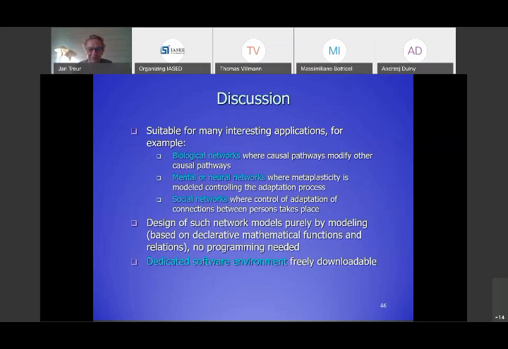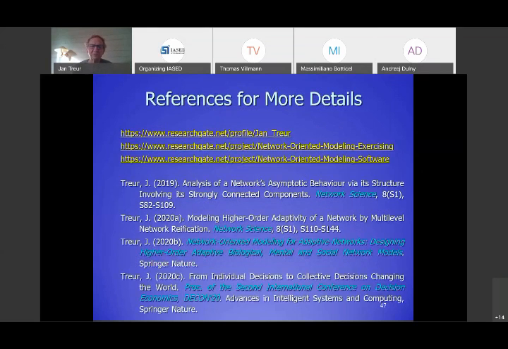You can see the references in the paper itself. There are more references, but here you see where you can find the software. You can download it. This is where you can find some exercises to try out, a simple, not too complicated exercise to learn to use the software. And here you can find more papers in general.